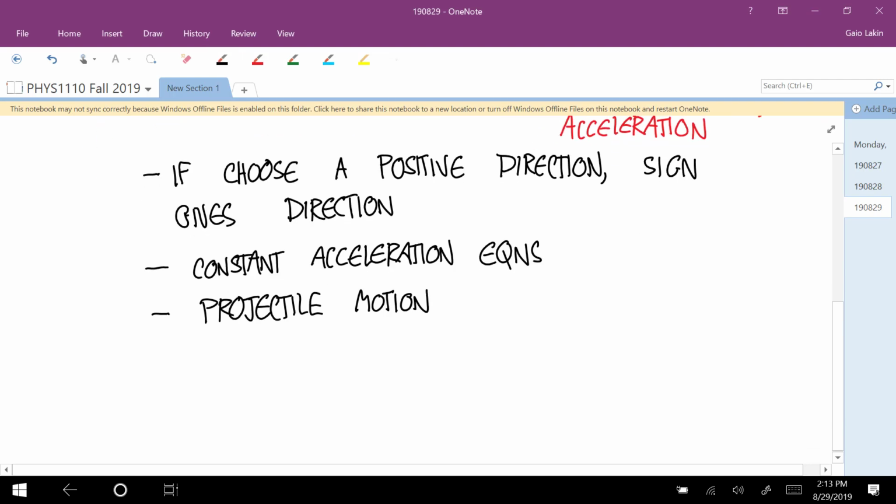And when we're done talking about one-dimensional particle kinematics, we'll go into a little mathematical section on a topic called vectors.